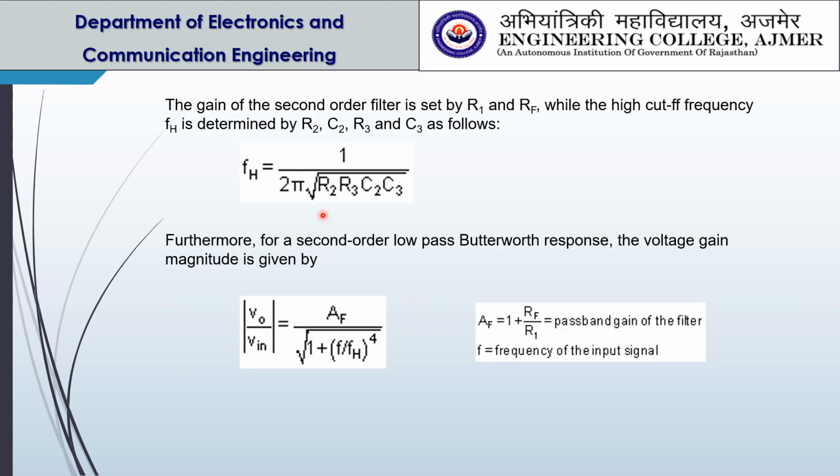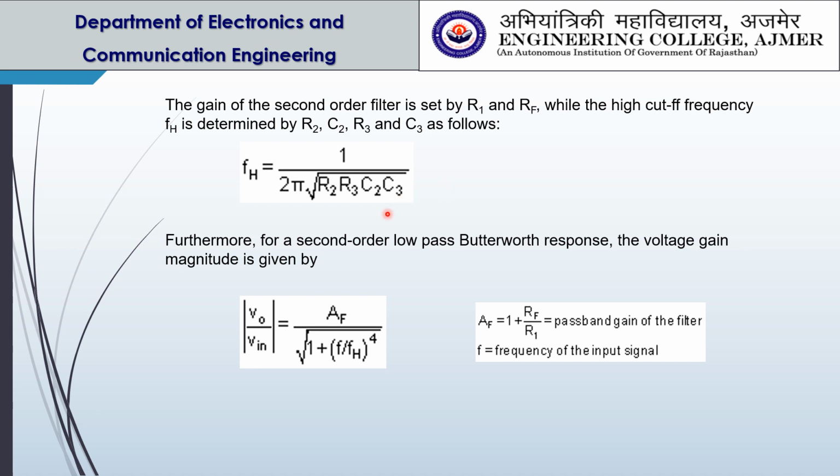The gain of the second order filter is set by R1 and RF, while the high cutoff frequency FH is determined by the RC network, and the determining factors are R2, R3 and C2, C3. When we solve this, we get high cutoff frequency FH equal to 1 upon 2 pi square root of R2 R3 C2 C3.